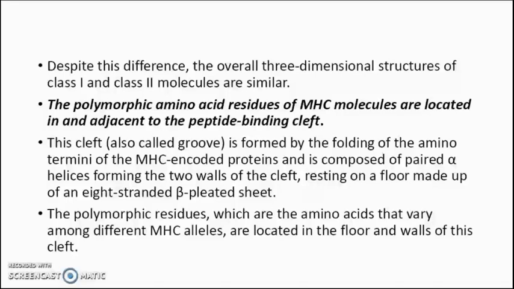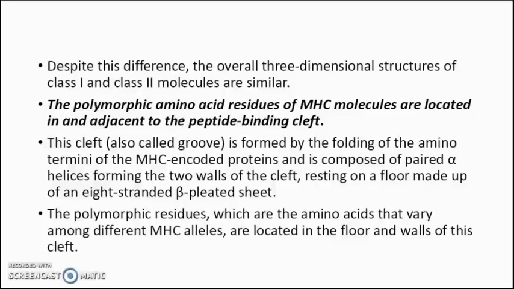Despite this difference, the overall three-dimensional structure of class 1 and class 2 molecules are similar. The polymorphic amino acid residues of MHC molecule are located in and adjacent to the peptide binding cleft.